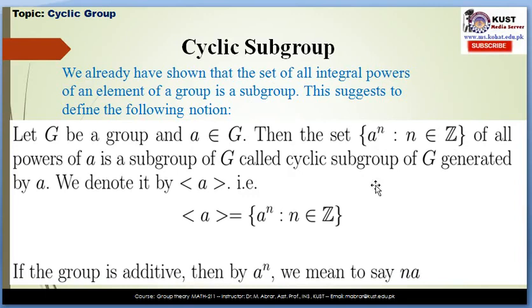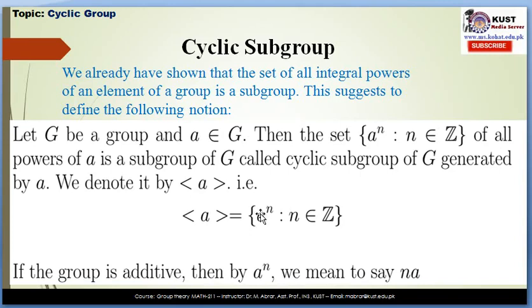Then because it's a subgroup, and because all the elements here are the powers of a single element a, in that sense we call it a cyclic subgroup of that group G, generated by, of course, a. We use this notation, that is angle brackets around a, so we call it a cyclic subgroup.